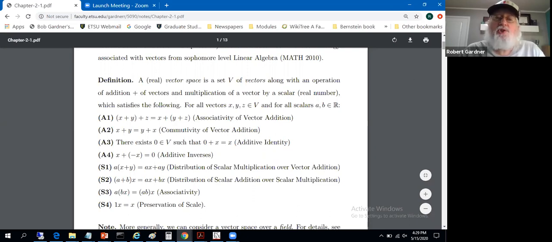What we're doing is showing in theorem 2.1 that the algebraic structure we've defined on Rn satisfies these 8 things. So we're dealing with a vector space. We're showing that Rn with the algebraic structure we've given it is a vector space. That's why these things look so similar.